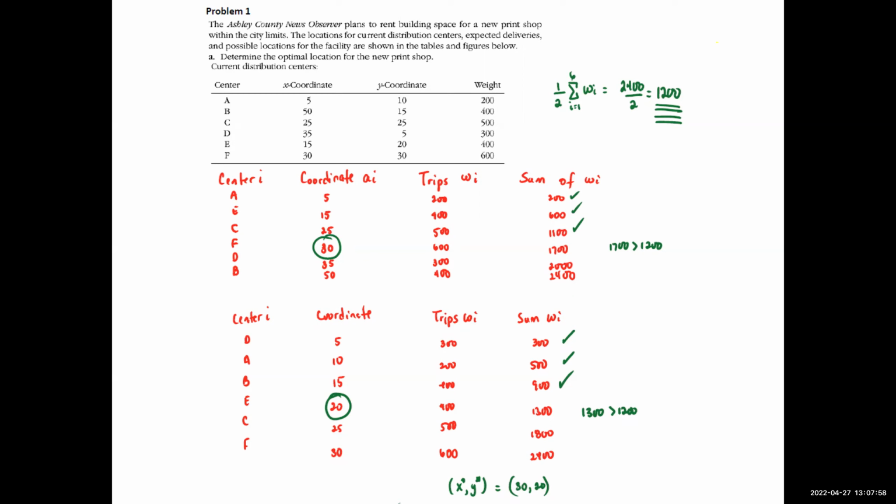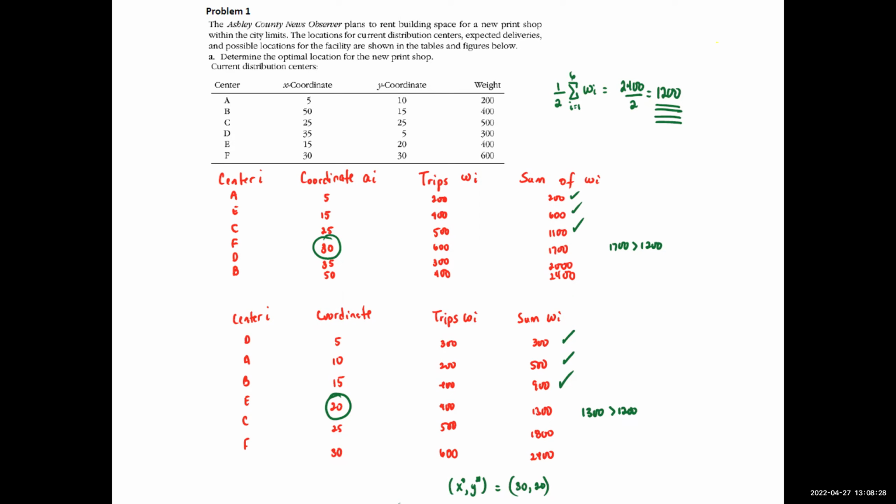So we have the information about the current distribution centers here. We have the X coordinate, the Y coordinate, and the weights. As we discussed last time, we're going to separate these into a problem for X and a problem for Y. We first start with coordinate X, and we sort the centers based on the value for the X coordinate in ascending order.